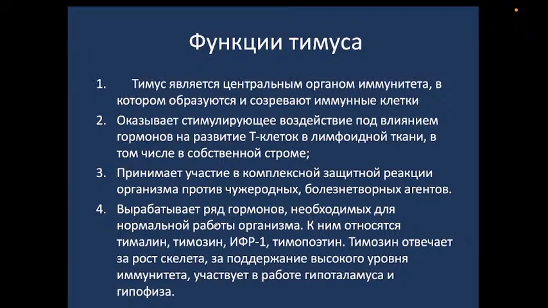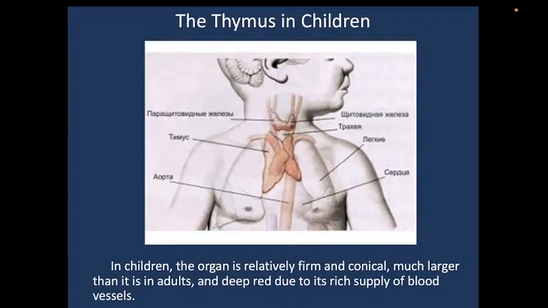As I said, it is a central organ of the immune system, and thymus produces hormones which stimulate T lymphocyte differentiation, and so on. The typical huge size of the thymus we could find in the childhood period of life.